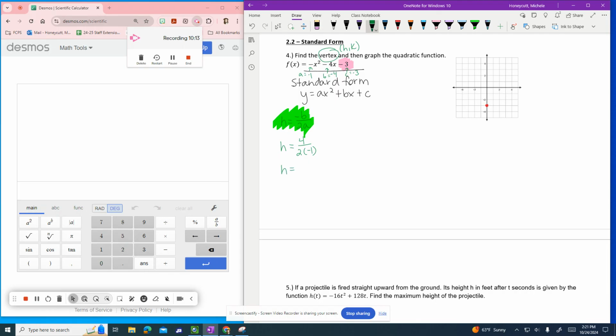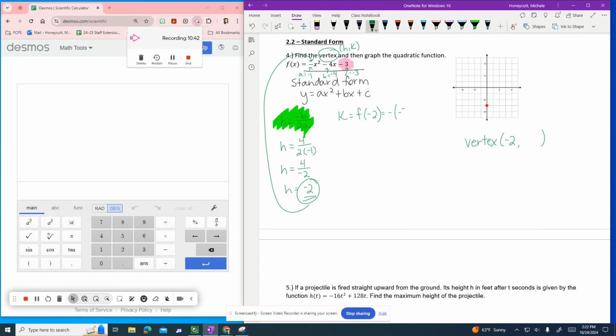So h, if I take 4 and divide it by negative 2, h is negative 2. So I know that the vertex is negative 2, and then I have to find that k part of the vertex. To find the k part, you take what you got and you replace it for x into the original formula. So the way that I write that is I need to find f of negative 2.